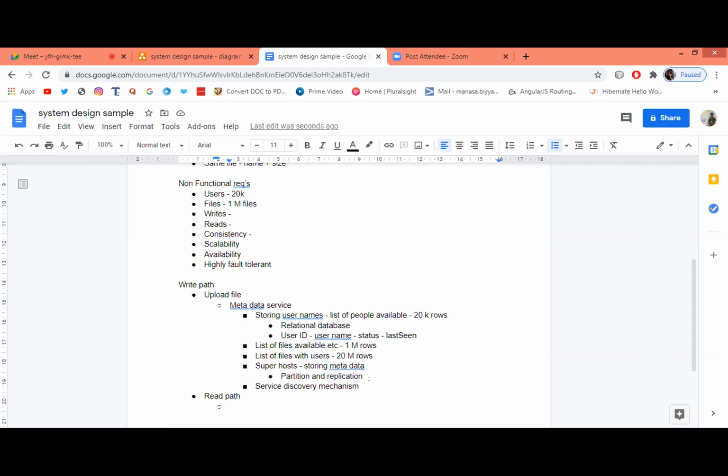So in this way, let's say we have a superhost, or anybody who has more data. Without replication and dividing it into chunks, people who are sharing more data will be loaded more.